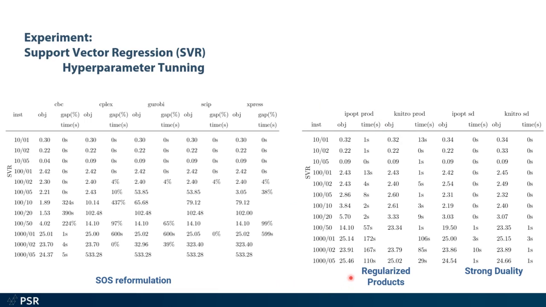However, we can see that they do report local solutions with very good quality. For instance, for the strong dual reformulation, both IPOpt and Knitro found in less than 1 second solutions that are very close to the best one obtained by CBC, which were not obtained by any of the other solvers.